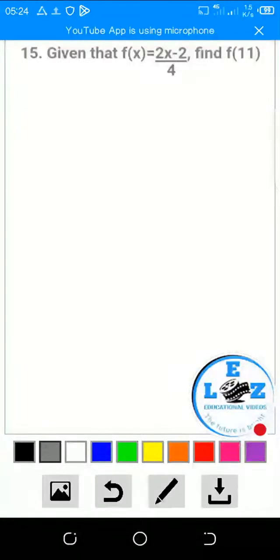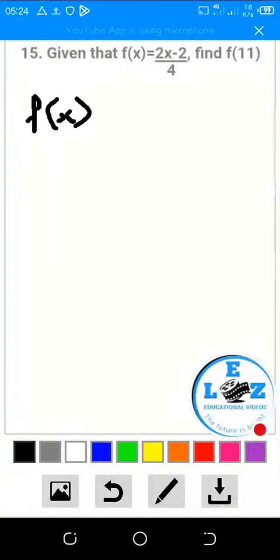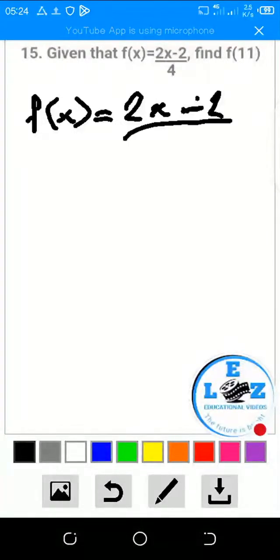So what we're going to do here is write the function, which is f of x is equal to 2x minus 2 over 4. Then this is the function we're going to use.